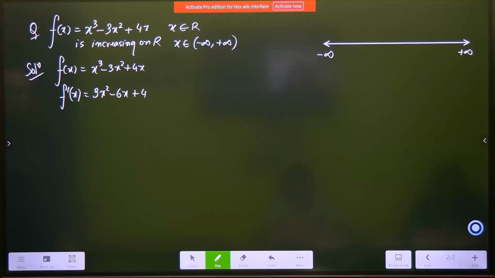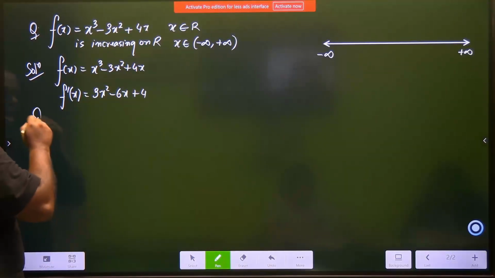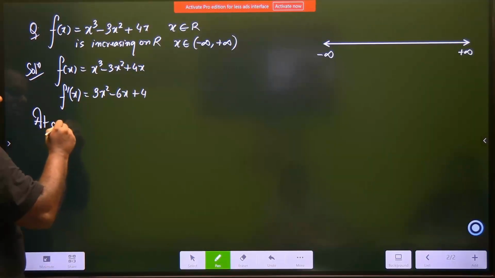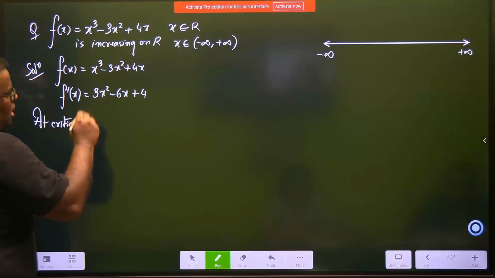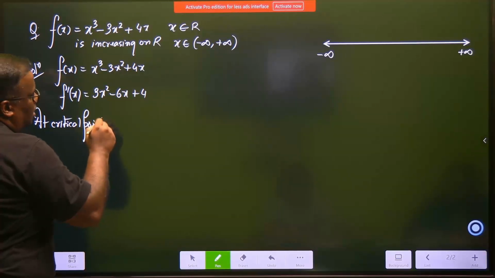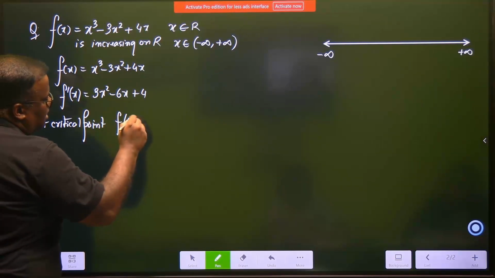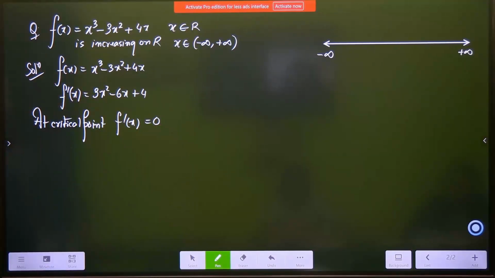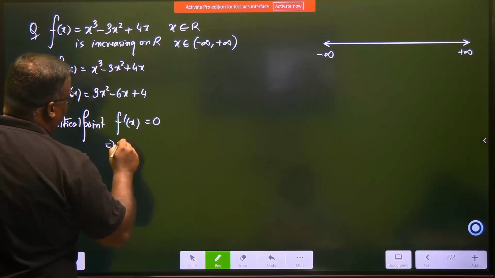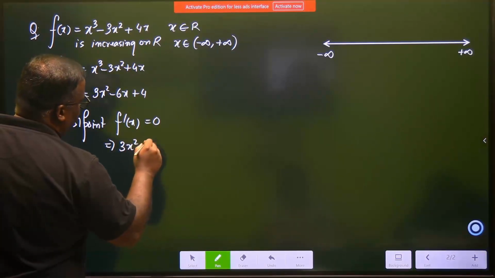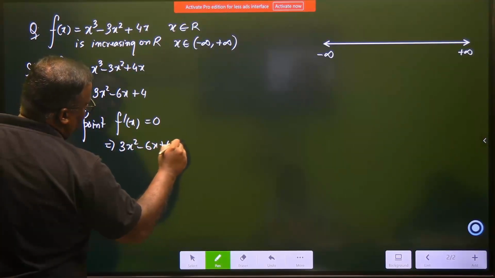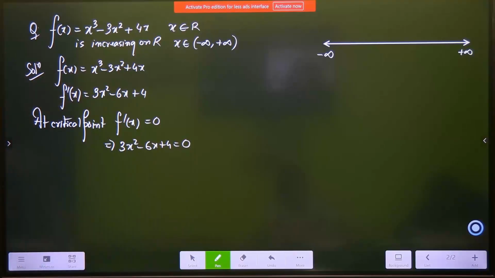Yes or no? Then I write at critical point, my f dash x should be 0. Let us equate it. So I get 3x square minus 6x plus 4 is equal to 0. Children, is anything common possible?